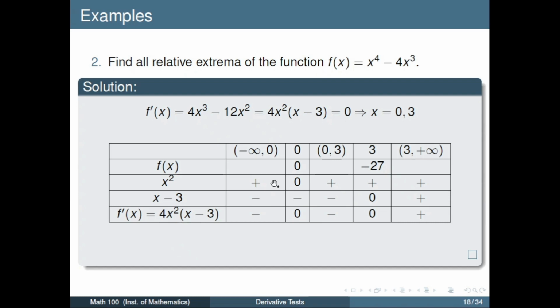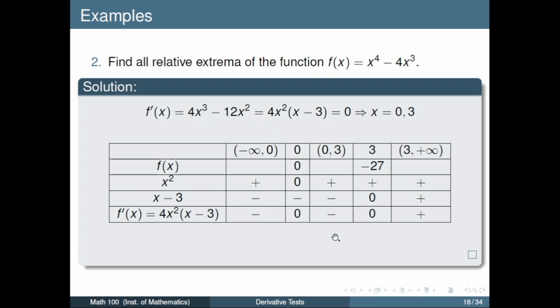We have positive times negative, which is negative. It's 0 here. Positive times negative is negative. It's 0 here. And positive times positive is positive. Okay? So actually, kung mapapansin nyo, yung x squared naman positive siya palagi, except nga dun sa magze-0 siya. So, technically, kinopya lang din natin yung signs ng x minus 3 doon sa mga parts na hindi siya nagze-0.